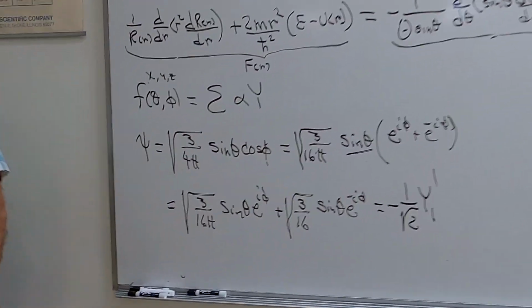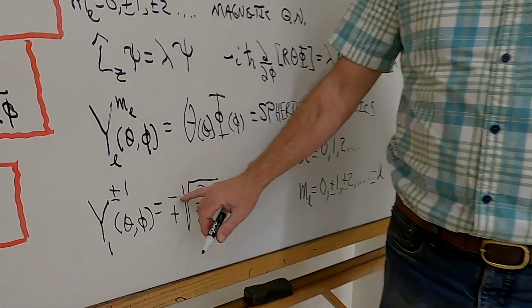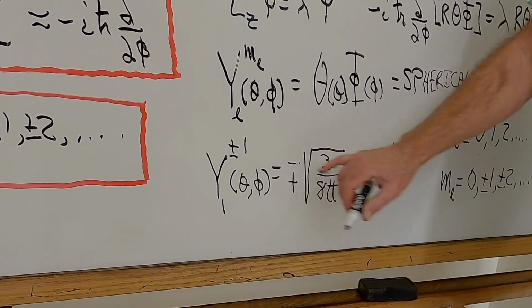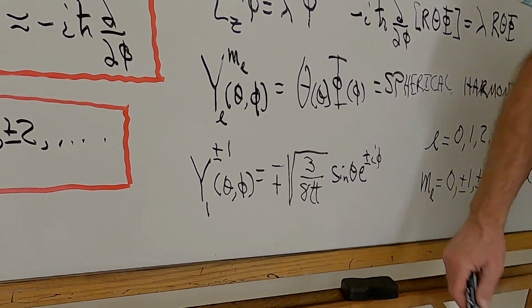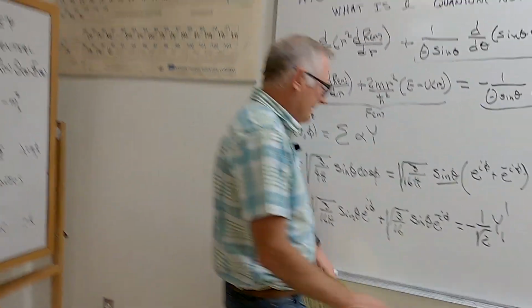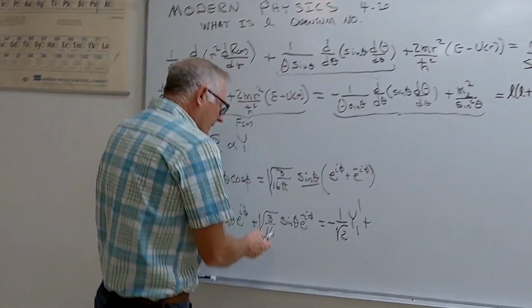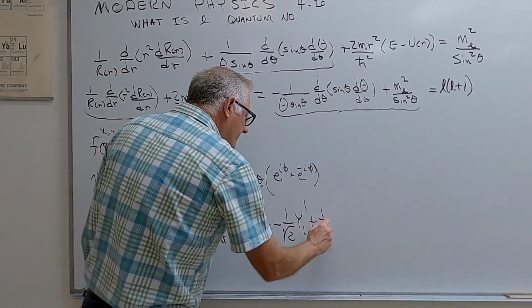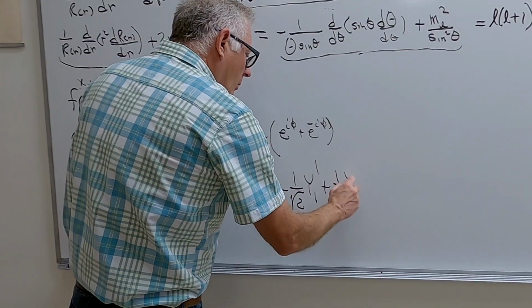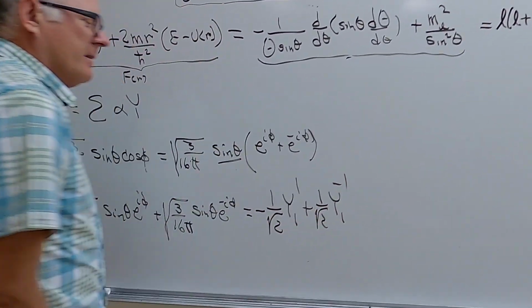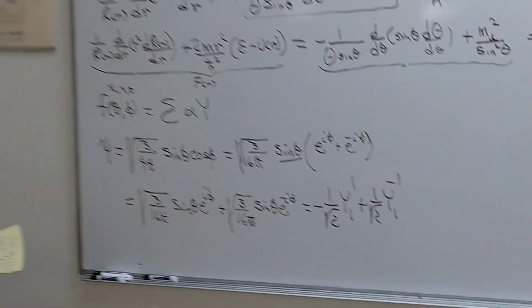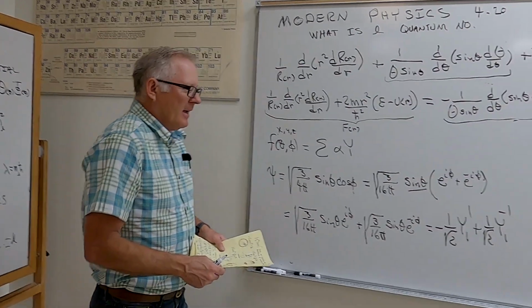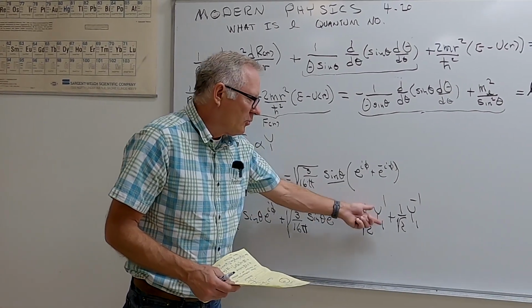You notice Y 1 plus 1 would make this a minus. That's why I need the minus in front. And this would have been a plus, just what I had. Plus, this term, there's a pi there, 1 over the square root of 2, Y 1 minus 1. So I can write them in terms of Y's right here. It makes it a lot easier if you're dealing just with Y's rather than this.